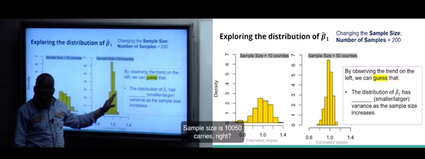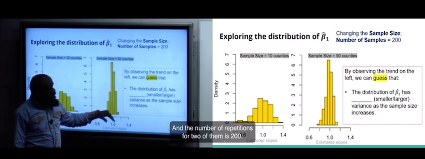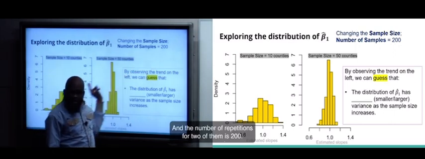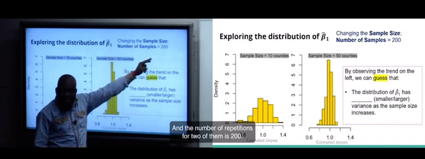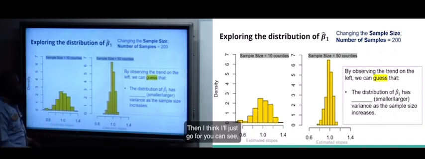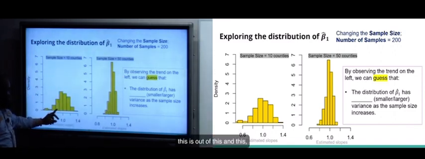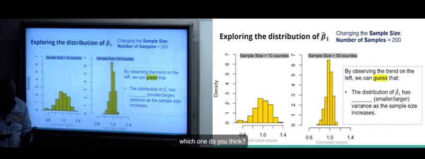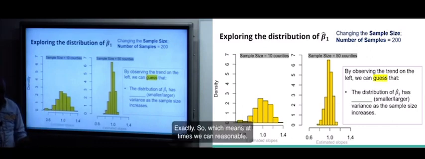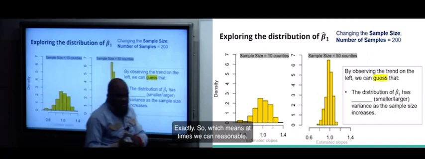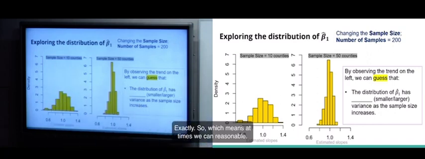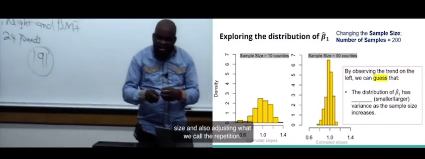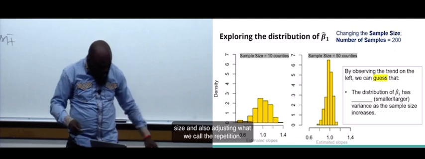Oh, 50 counties, right? And the number of repetitions for both of them is 200. You can see this one out of this and this. Which one do you think is very close to normality? Exactly. So at times we can reasonably adjust the sample size, and also adjust the repetitions.